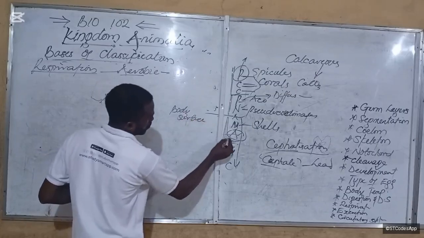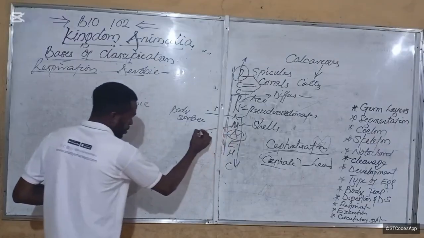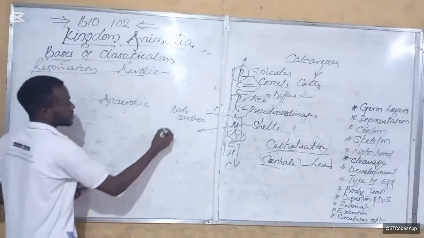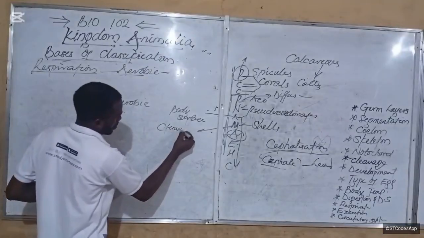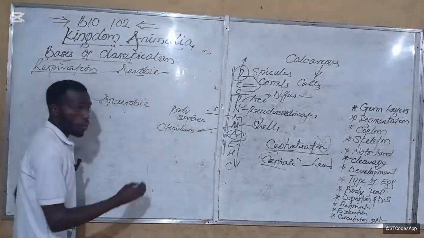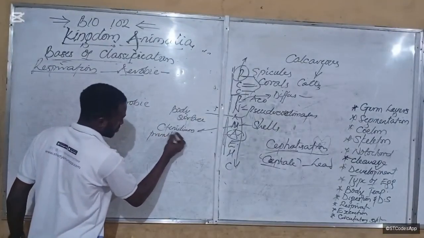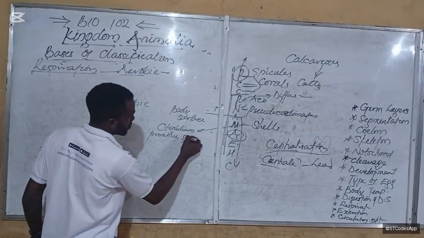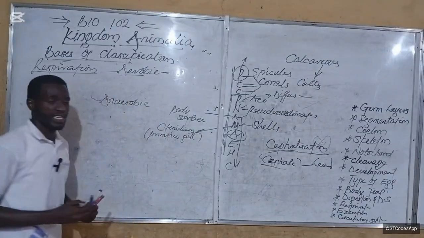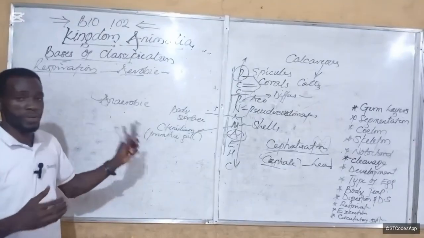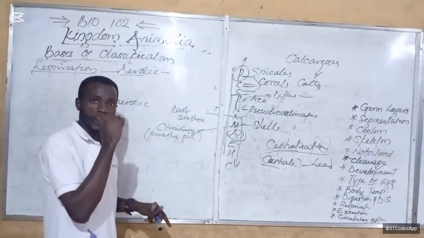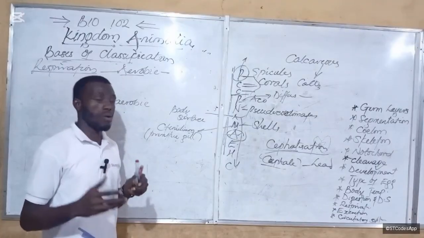I wanted to talk about arthropods. No, from these guys first, mollusks. Mollusks use ctenidium or primitive gill. Is that clear? It's a primitive type of gill that they use for respiration, especially the ones that are aquatic.